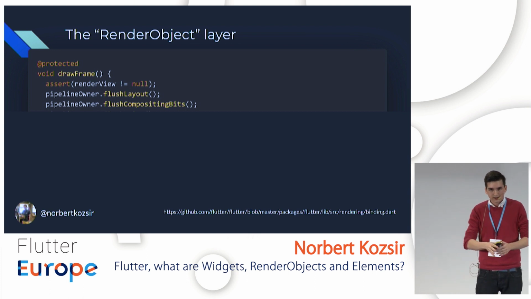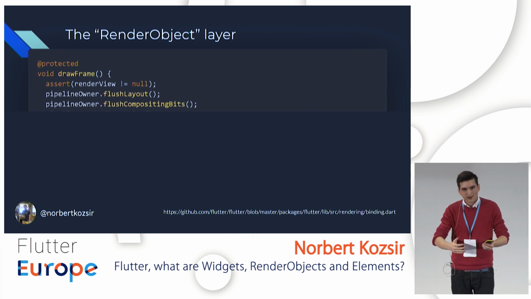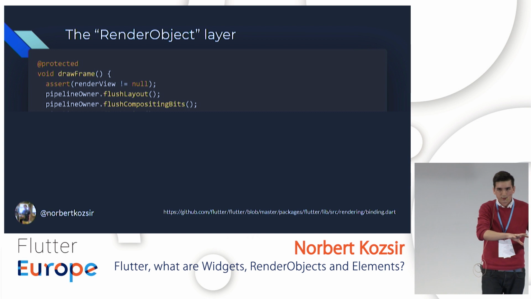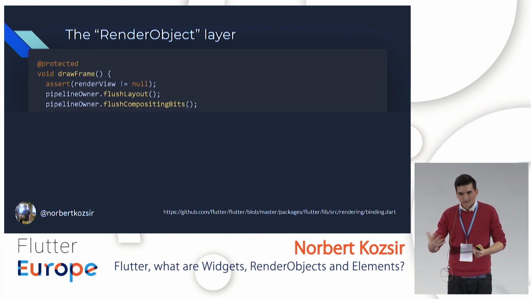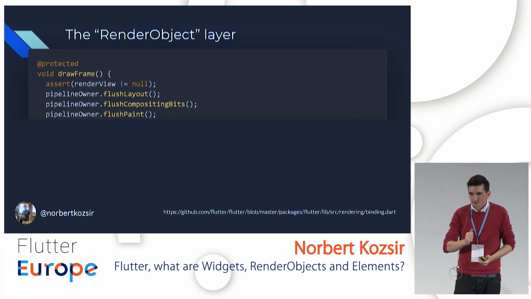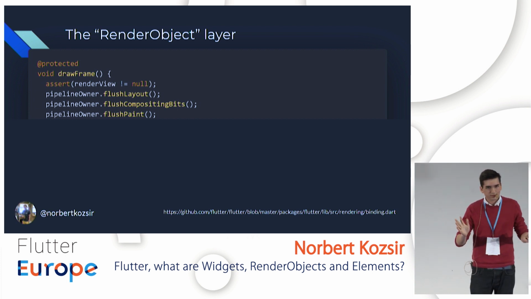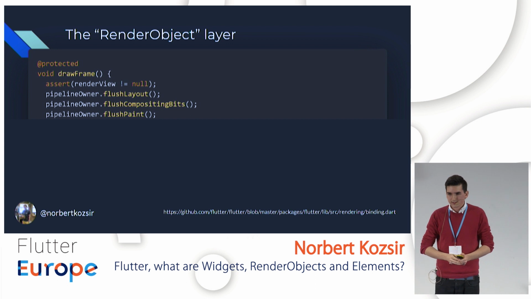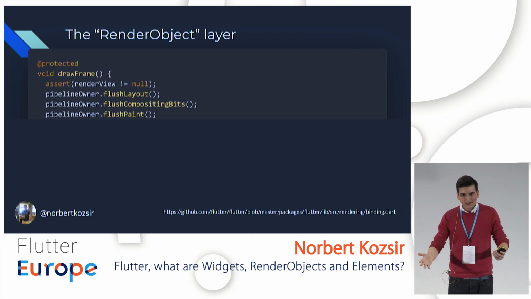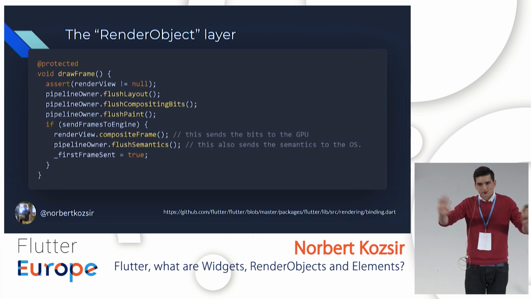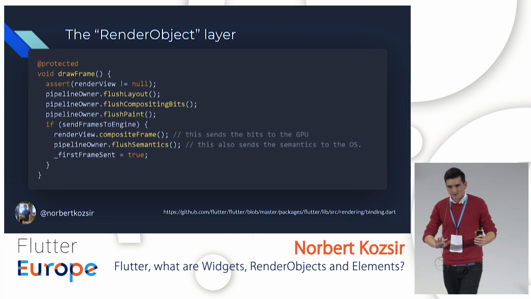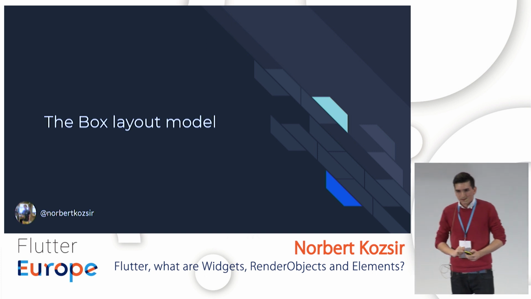You can draw to a layer, and without having to redraw the layer, for example, position the layer somewhere else, blend it with another layer. There's an excellent talk on the layers on YouTube. If anybody's interested, you'll probably find it. After that, we paint, where we actually make those commands to the canvas. And next, we just send it off to the GPU and let it do its thing.